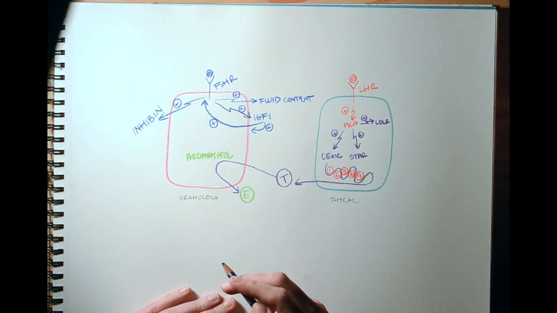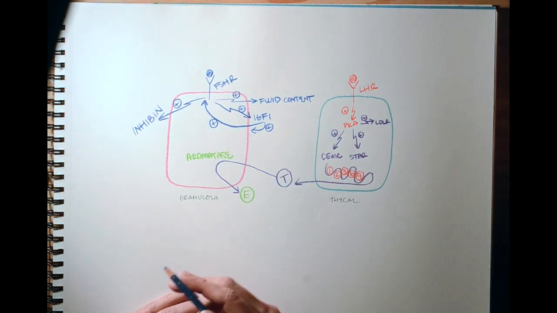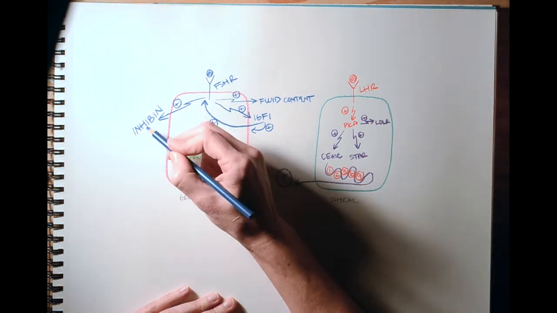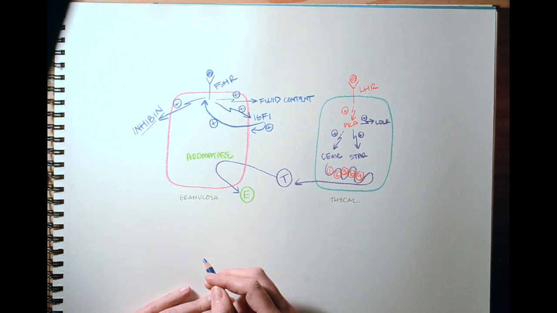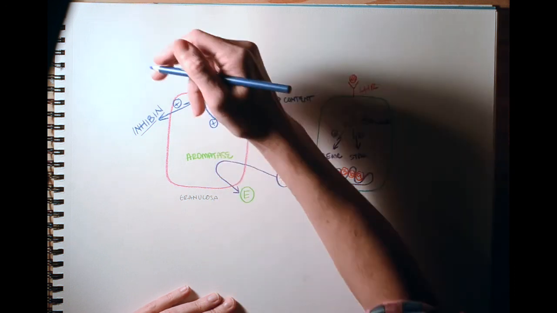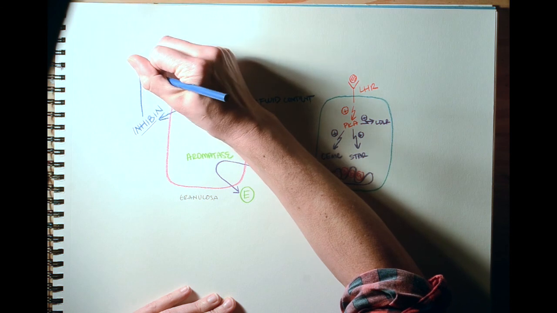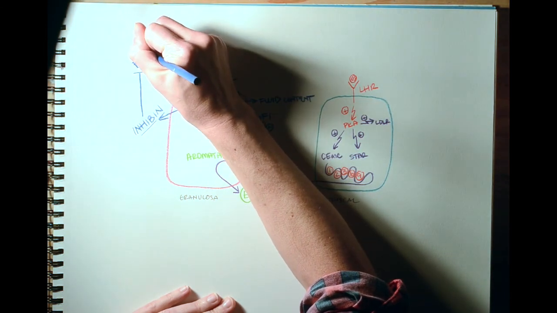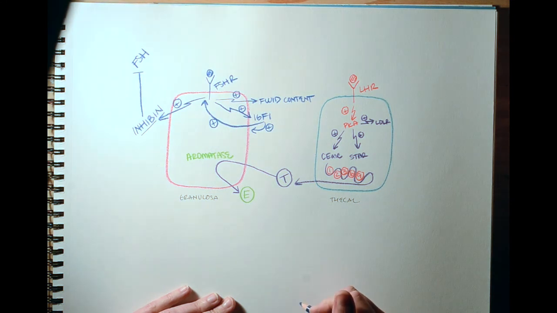And in fact, FSH receptor activation in the granulosa cell increases inhibin, but also FSH receptor activation in the Sertoli cell in the male increases inhibin. And inhibin is going to be an important component of the negative feedback effect on FSH. So inhibin will act back on the gonadotrope cells to decrease FSH release from the gonadotropes.